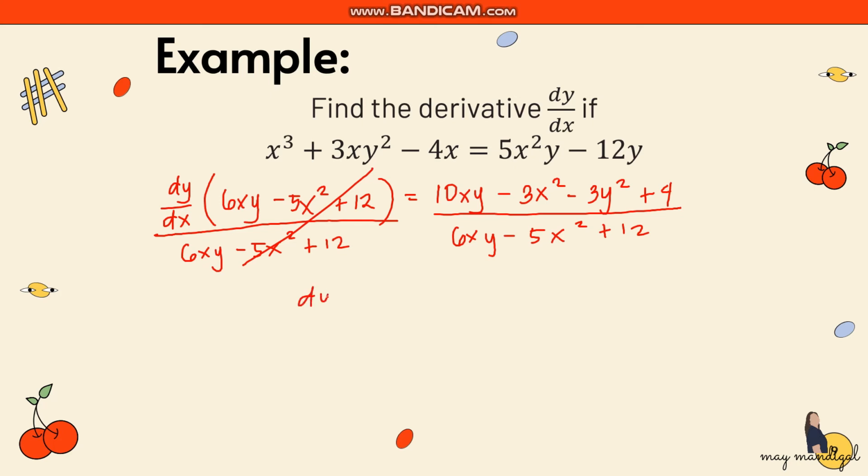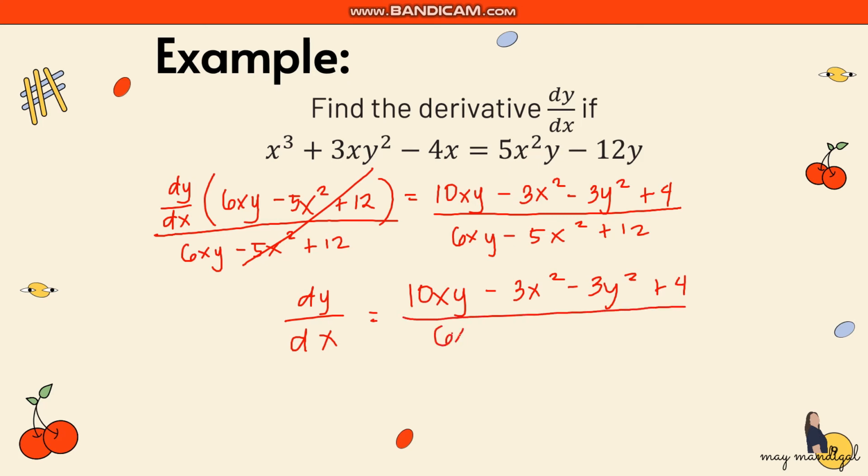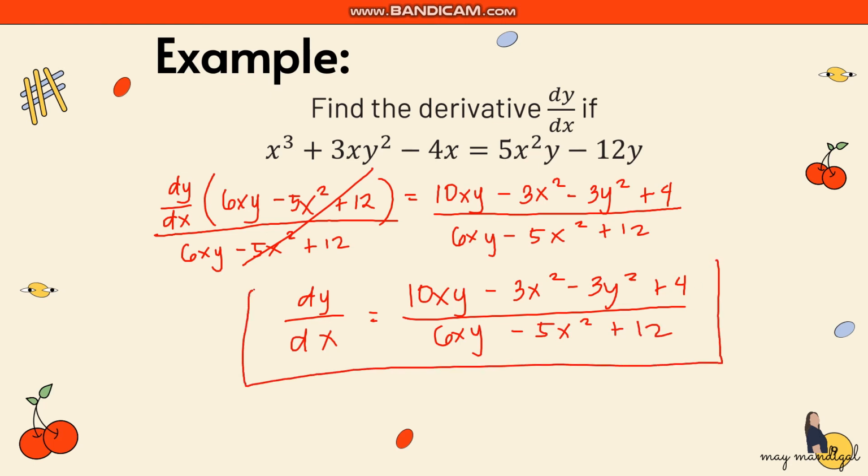So you will be left with this term, 10xy minus 3x squared minus 3y squared plus 4 all over 6xy minus 5x squared plus 12. Again, if you can still simplify some of the terms, go ahead, but if not, then leave it like that. That will be our final answer already.